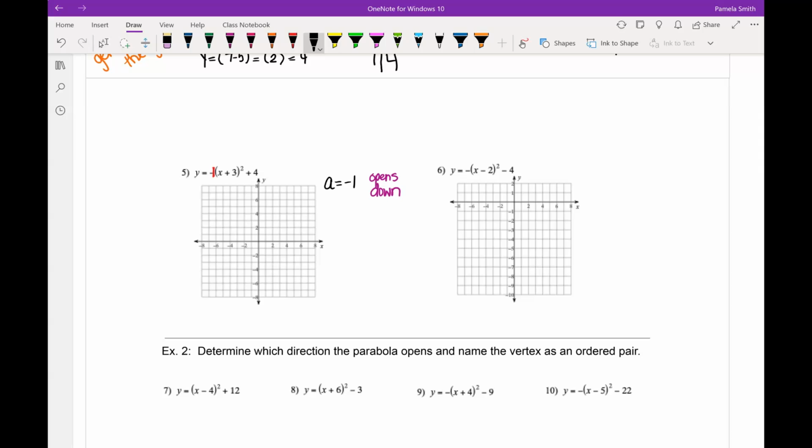So if it's x plus 3, that means the h is going to equal -3. H will be opposite of what you see in the parentheses. And k will be 4. So the vertex here is the ordered pair -3, +4.